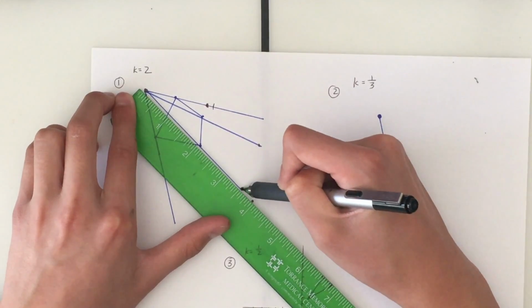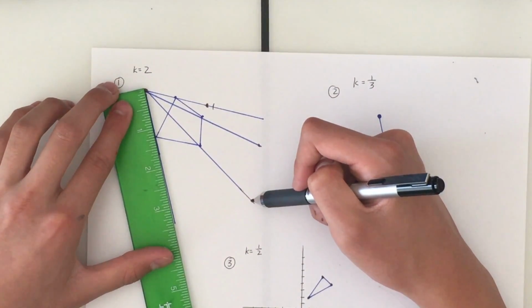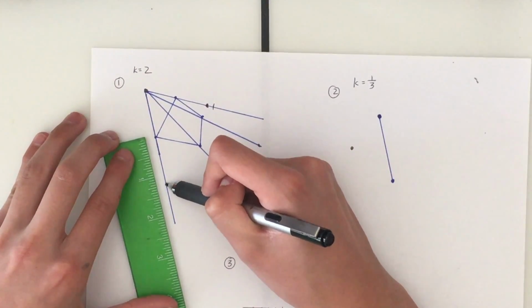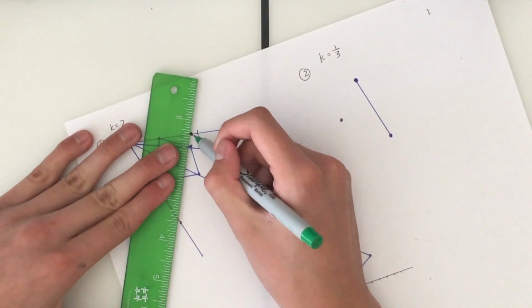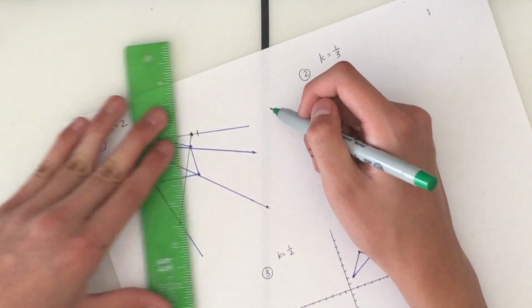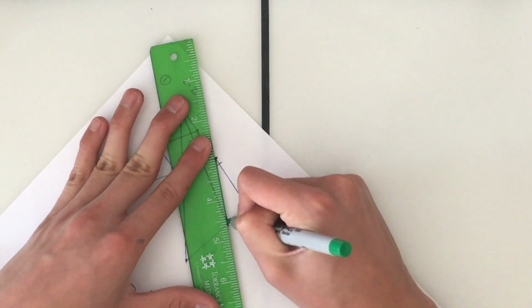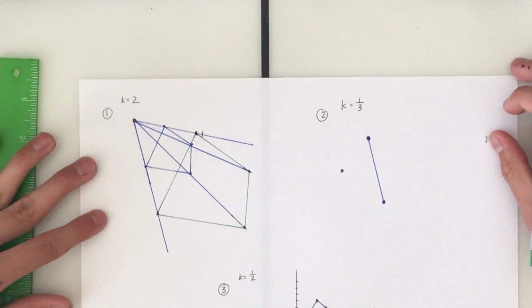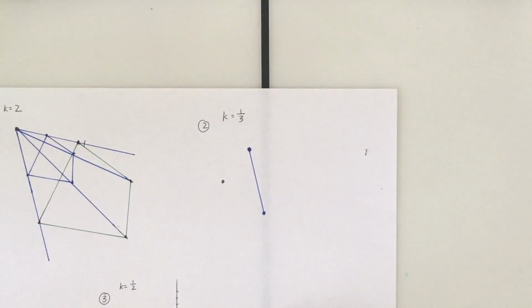I didn't draw the line that long, so that's about 1 1/4. Then when you're done, you can just connect all your points, and you get yourself a dilated quadrilateral with a scale factor of 2. So there you go.